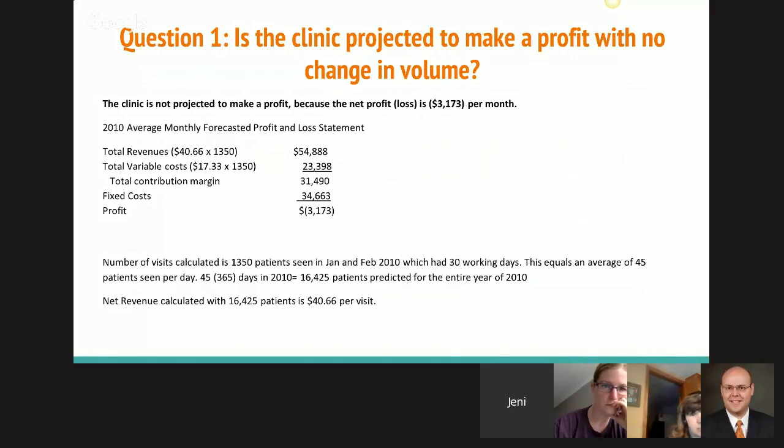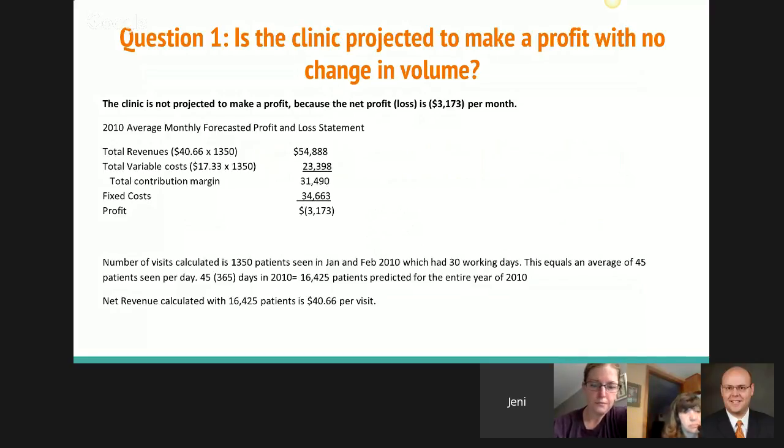As you can see from our forecasted profit and loss statement, total revenues are $54,888 and variable costs are $23,398, which gives us a contribution margin of $31,490. Our fixed costs equal $34,663, so our loss is $3,173.